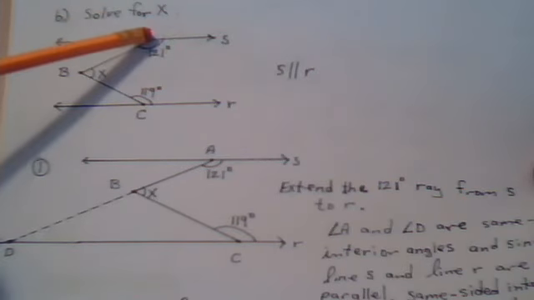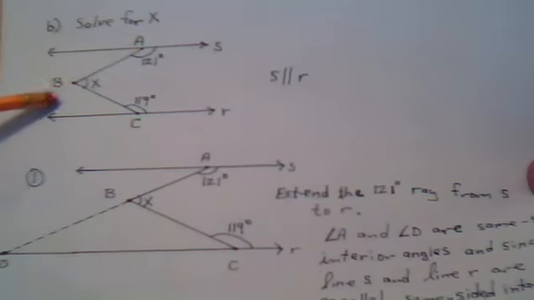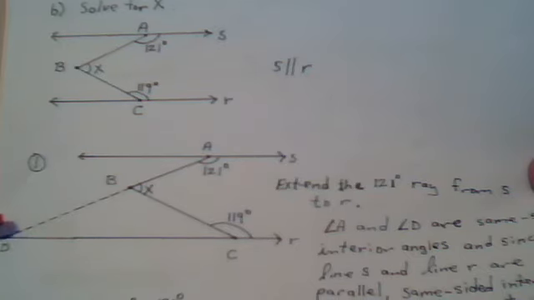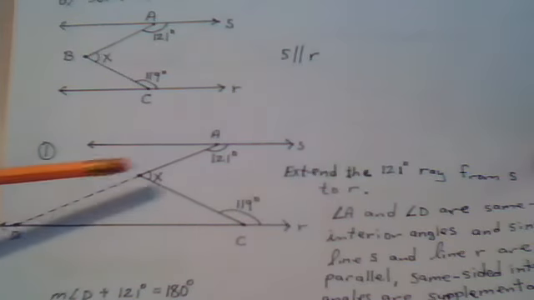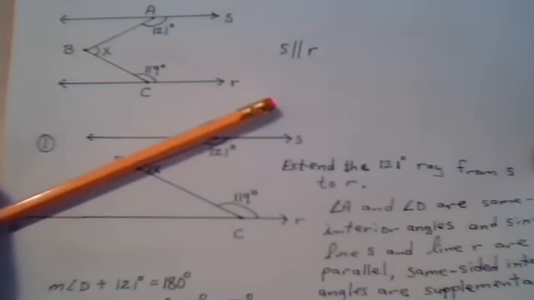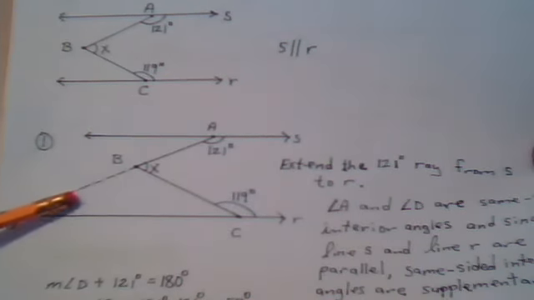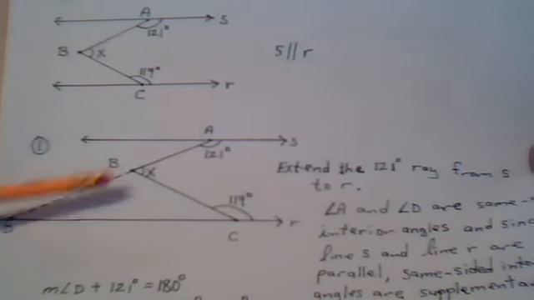So what you do, you extend this ray all the way to point D. And since these lines are parallel, these two angles are called same-sided interior angles. They're on the same side of the transversal, and they're on the inside, interior, of the two parallel lines.